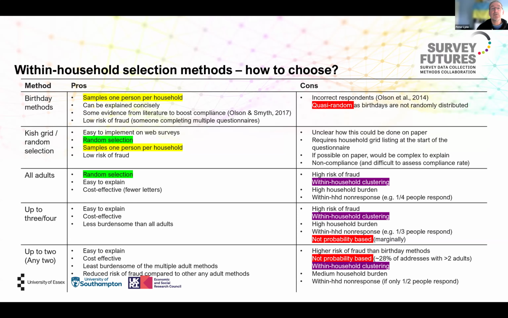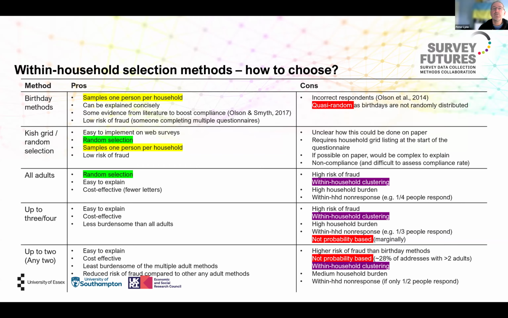Obviously, the bottom 2 categories of methods, where we're just allowing people to choose any 2 or 3 people in the household to take part, are not random. They're not probability-based methods. But the thing to bear in mind is that in smaller households, they are random because everyone is eligible to take part.